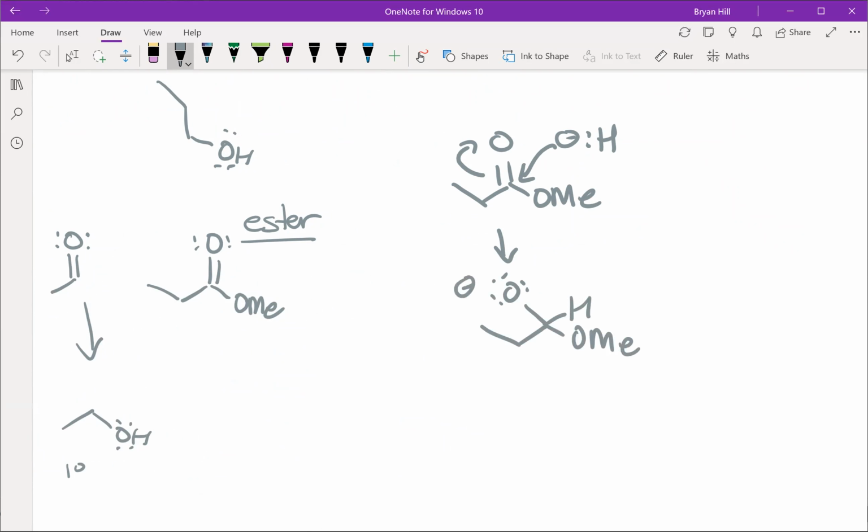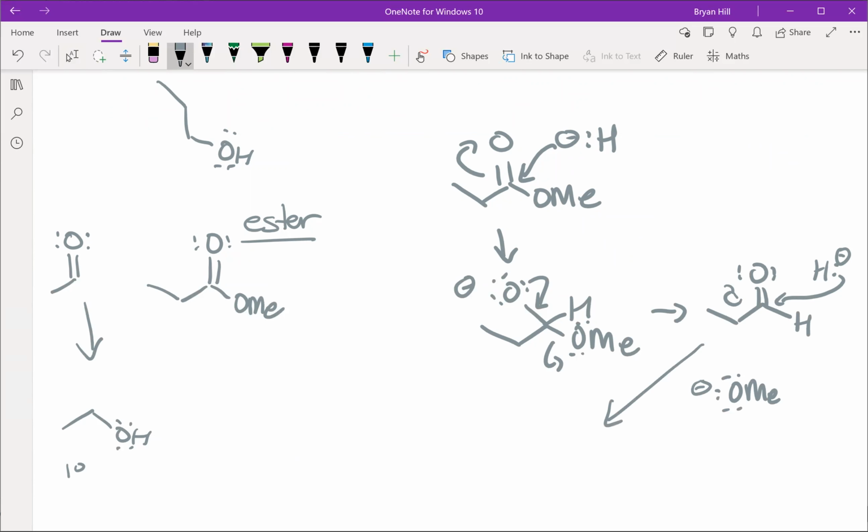The negative charge is unstable, so it falls apart and would give us an aldehyde plus the OMe minus. But aldehydes are even more reactive than esters, so the excess lithium aluminum hydride would immediately attack there and the electrons would go up.